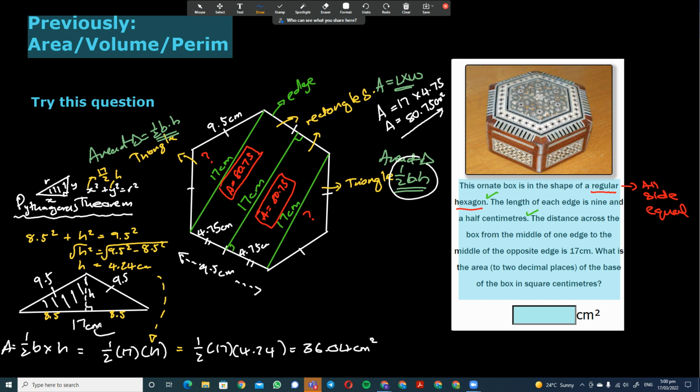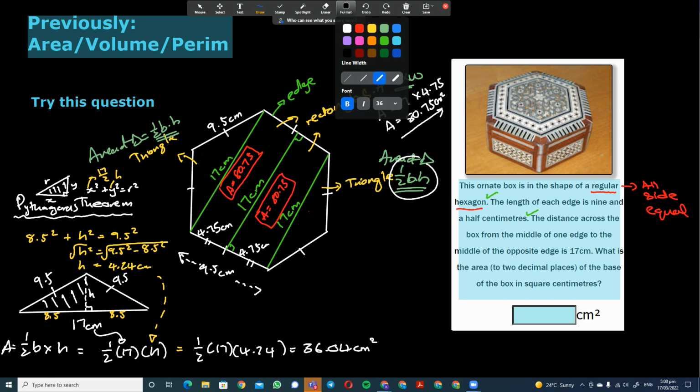And remember that's the base I used. So that's for the whole triangle. So now I know that this triangle will have an area of 36.04, and this one is exactly the same. So let's place that in there.